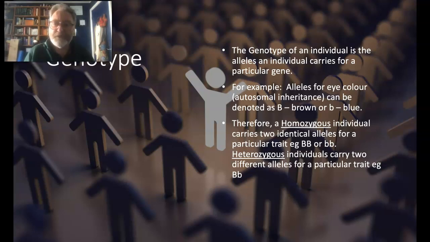So you can be what we call homozygous. That means your alleles are the same. So you can be homozygous dominant or homozygous recessive. I'll get to what those terms mean in a minute too. Or you can be heterozygous. Your 2 alleles are different. If your 2 alleles are different, you're potentially making the 2 proteins. So an allele will produce a protein.